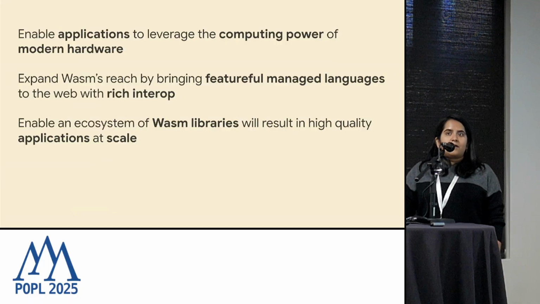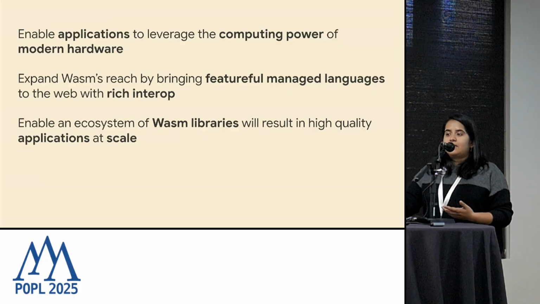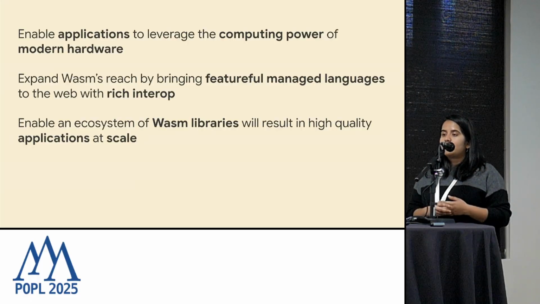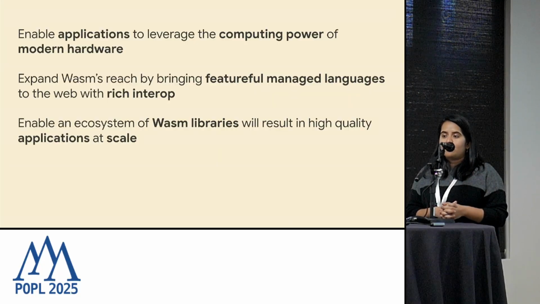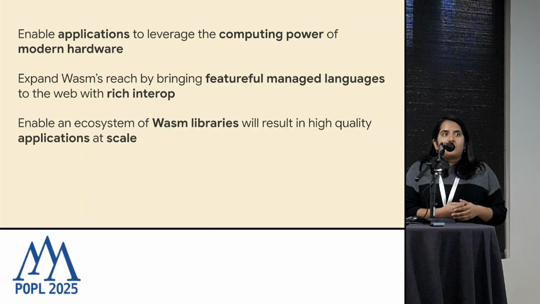From the perspective of the WASM team, we have three North Star metrics that we look at. We want to enable applications to leverage the computing power of modern hardware. This mostly applies to linear WASM, and we've seen a lot of this come true with Adobe, Autodesk, Unity, a lot of large native applications being ported to the web via WASM. But we don't want to limit WASM in that way.